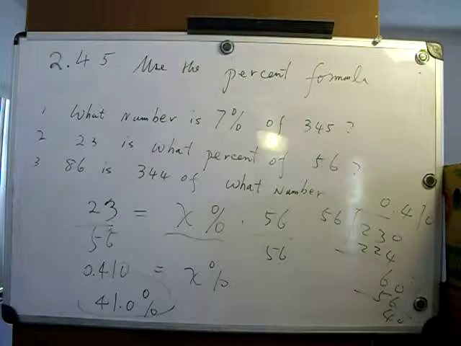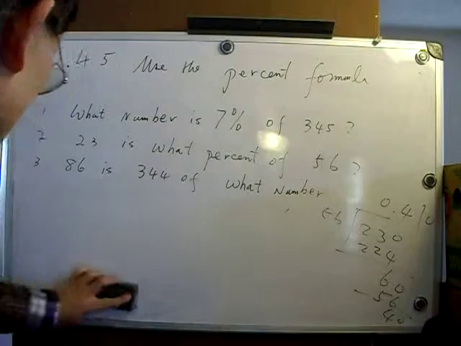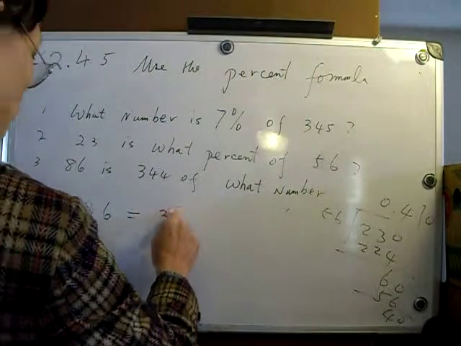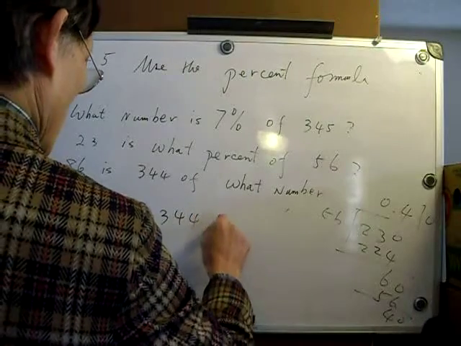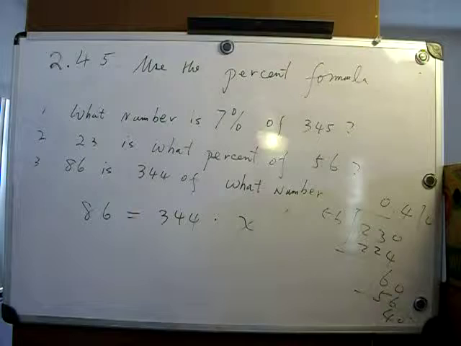Next, number 3. 86 is 344 of what number? So you do translation. 86 is equal 344 multiply what number? X. You can use n, x, or y, doesn't matter.